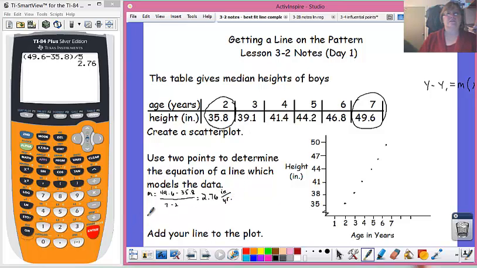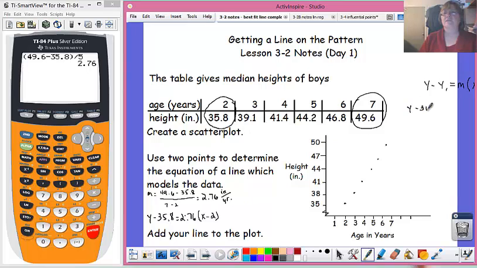To find the equation of our line, we're going to substitute either the first point or the last. It doesn't matter which. I'm going to use the first one. Y minus 35.8 equals the slope that we generated, 2.76, times x minus the x from the point, which is 2. To simplify this, you're going to do a little bit of distribution, and I'm going to do that up here so that I can see what I'm doing and not clutter my screen.